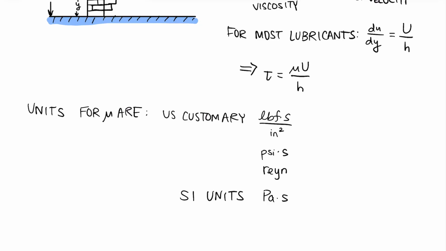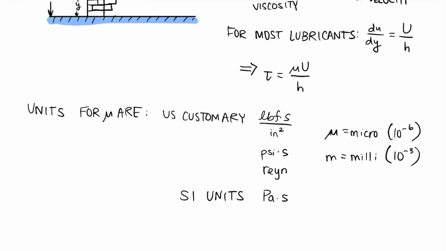So don't forget your prefixes. Mu is micro, and that's 10 to the negative 6. M stands for milli, and that's 10 to the negative 3.